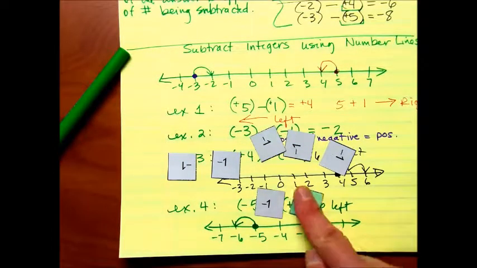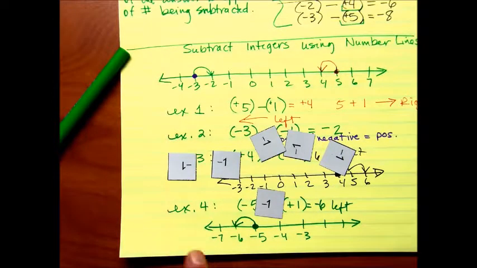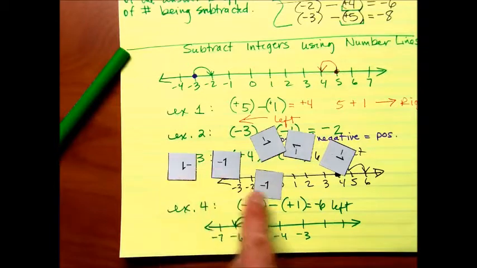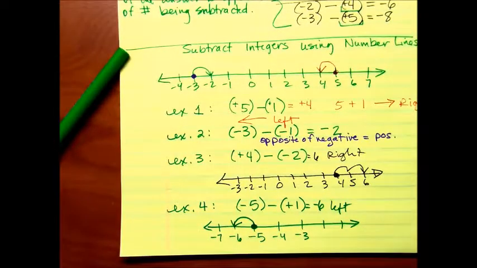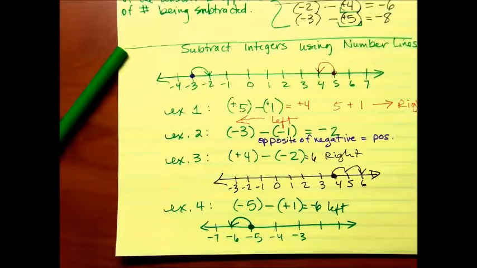Now I can take away that positive, and what I have left over is 6 negatives. 1, 2, 3, 4, 5, 6. Okay. So anyway, these are just some examples of using a number line. My preference, obviously, is the number tiles, but some of you might really get into the number line, and that might make more sense to you, so go with it. If you have more questions, we'll do some more examples in class.